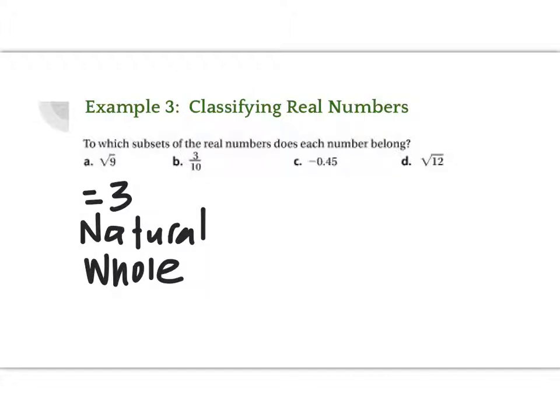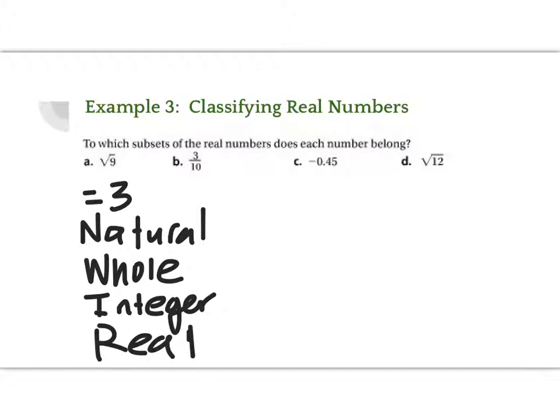Certainly be an integer. And it would be a real number. But it cannot be an irrational number because it has a repeating decimal representation.